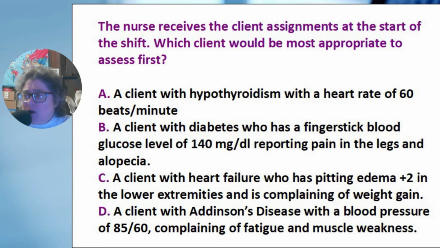But you do know the signs and symptoms of Addison disease. Low blood pressure needs to be checked out. Fatigue and muscle weakness is a sign and symptom of Addison disease. So you see? D has the most signs and symptoms of all of the choices that we see here tonight. So the answer here is D.